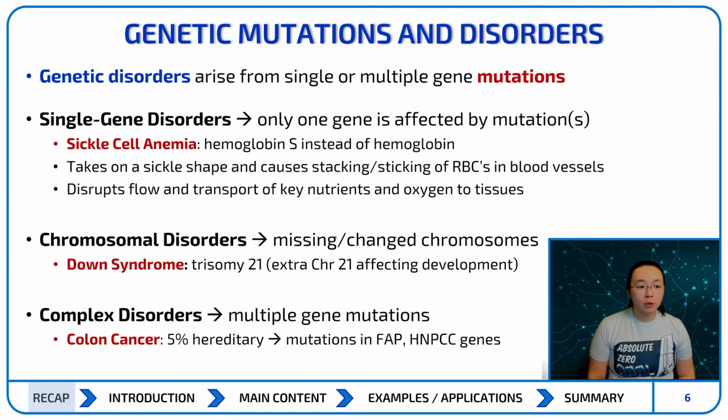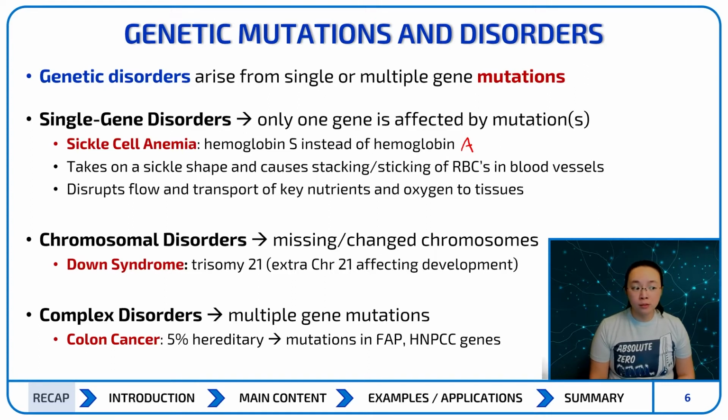That means we have hemoglobin S instead of hemoglobin A. So hemoglobin S is going to take on a sickle shape, basically like a curve, and it causes the stacking and sticking of red blood cells in your blood vessels, which causes a whole bunch of problems, primarily the blockage of blood flow in your blood vessels, which means that the essential oxygen and nutrients that are supposed to go to your tissues will never get there, and so it creates a lot of cell death.